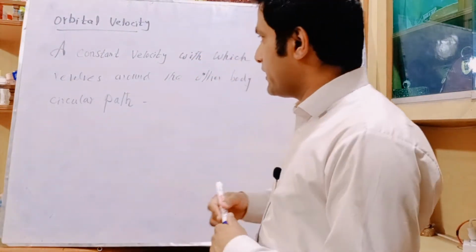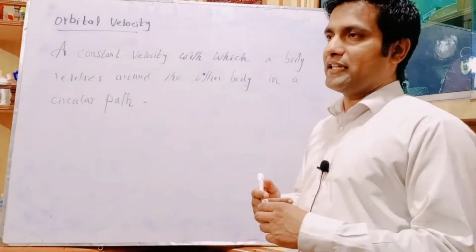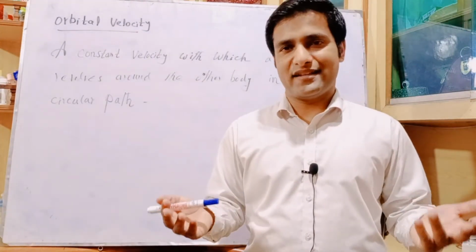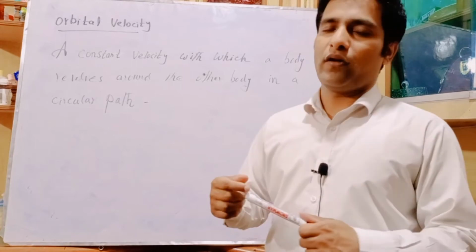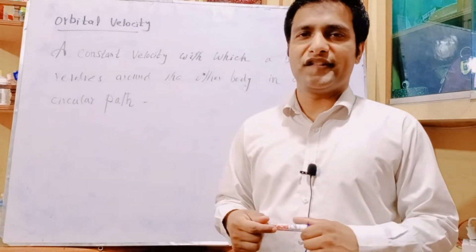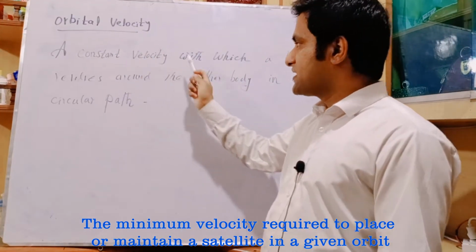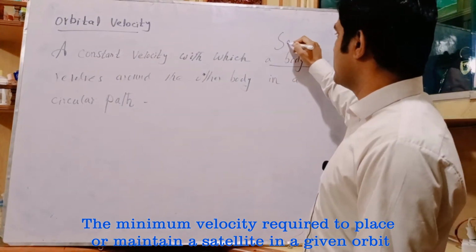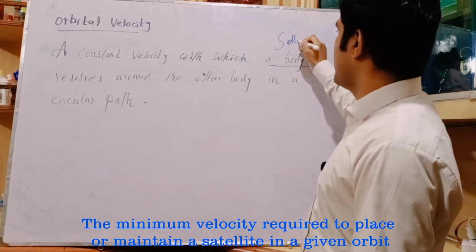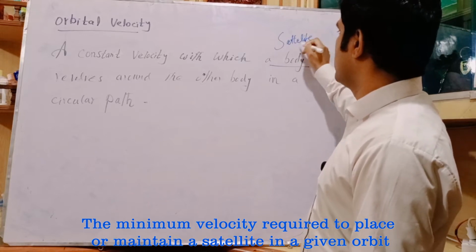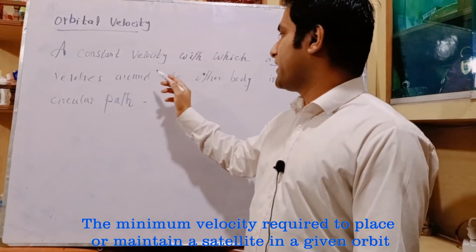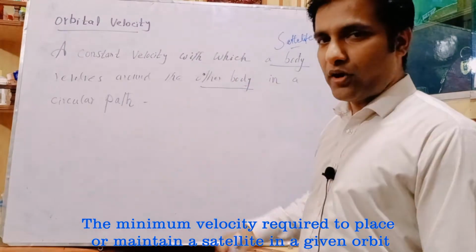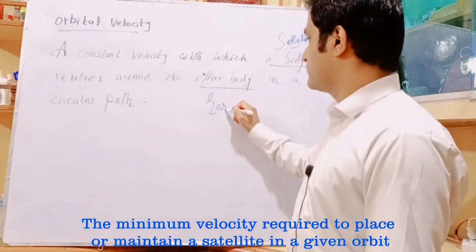But here, because we are talking about the Earth, the body that revolves around the Earth is basically called a satellite. Orbital velocity is a constant velocity with which a satellite revolves around the other body, and here the other body is Earth.